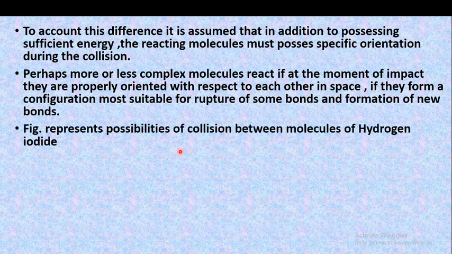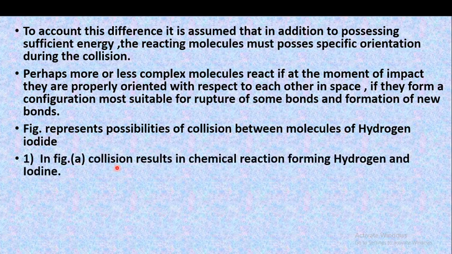The figure represents the possibilities of collision between molecules of hydrogen iodide. Hydrogen iodide is a simple molecule. In figure A, the collision results in a reaction forming hydrogen and iodine. Means two HI molecules after the collision get converted into H2, that is hydrogen gas, and I2, that is iodine gas.